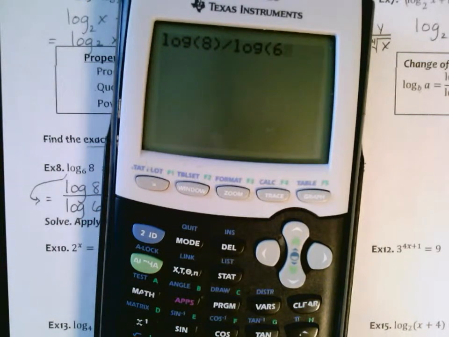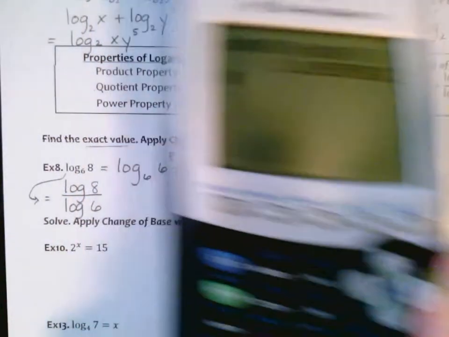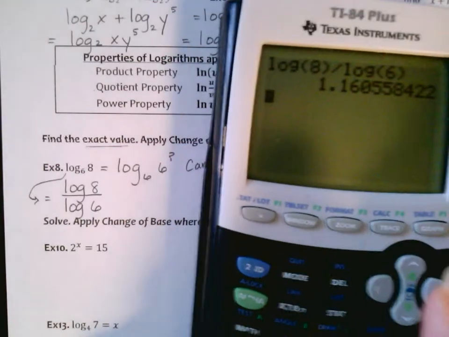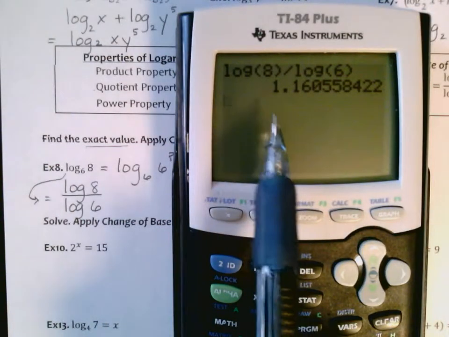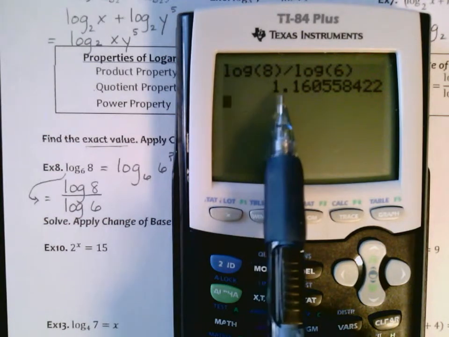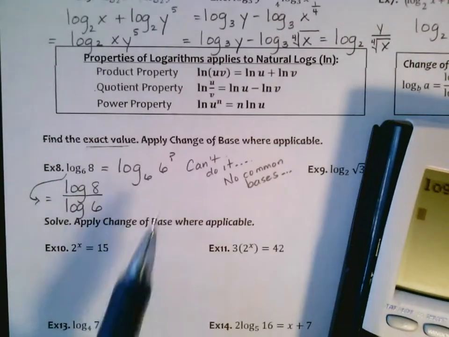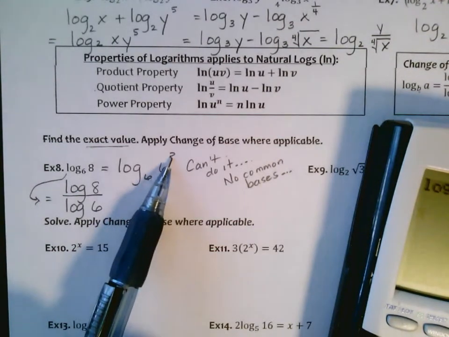And we said it was trapped in between, what was it trapped in between? Anyway, I forget, oh no, that was the other problem, my bad. It's going to be 1.16. The reason was we were looking for 6 to the what power would be an 8.